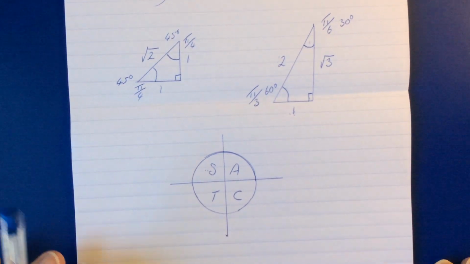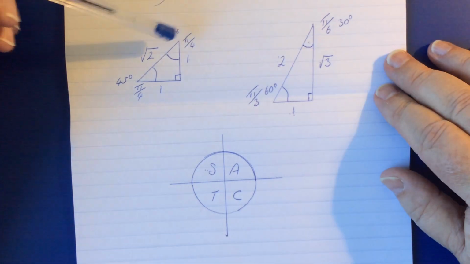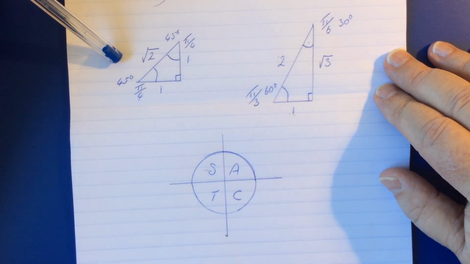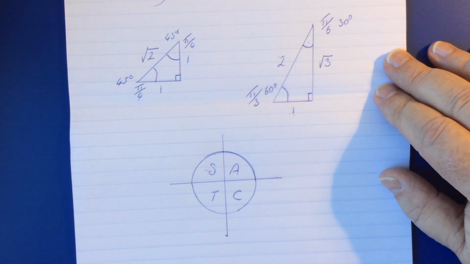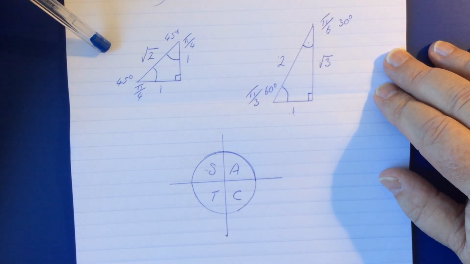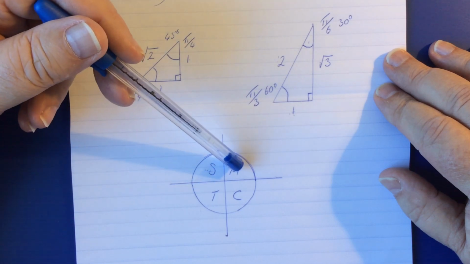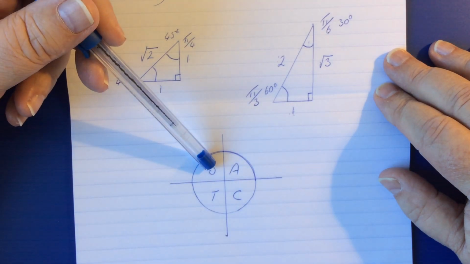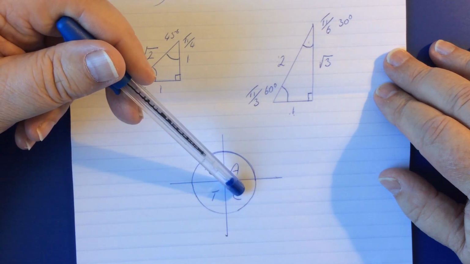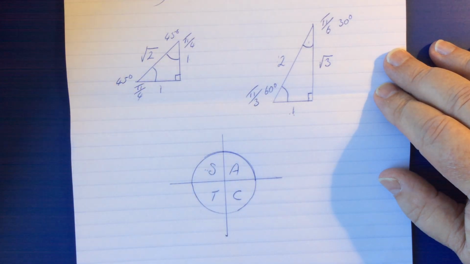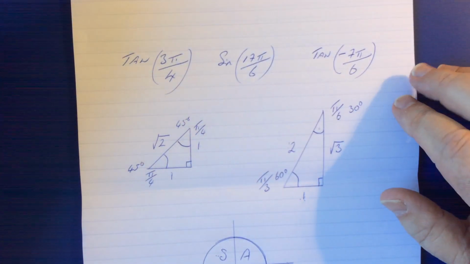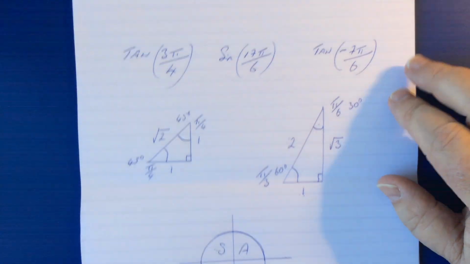Okay, so you need some tools for this. And really, you should have what you see here either etched into your consciousness and really close to hand in your memory, or have it written as a note. So we have the basic unit circle, which tells us that all things are positive here, sine is positive here, tangent here, and cosine here, which will tell us whether the values of these are positive or negative.